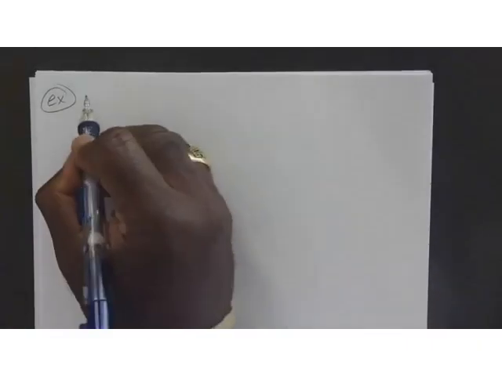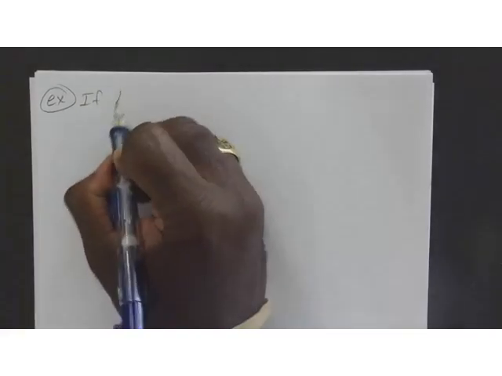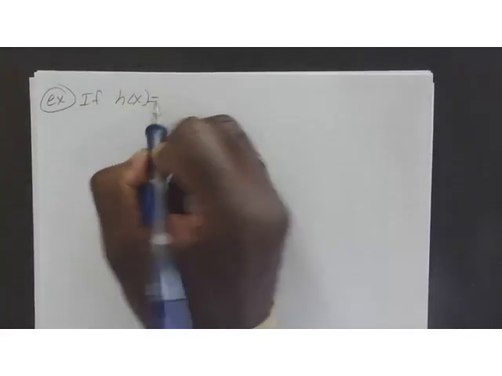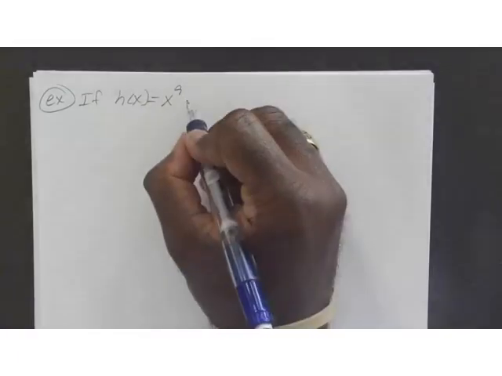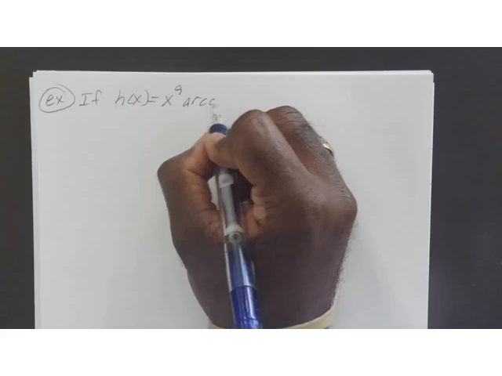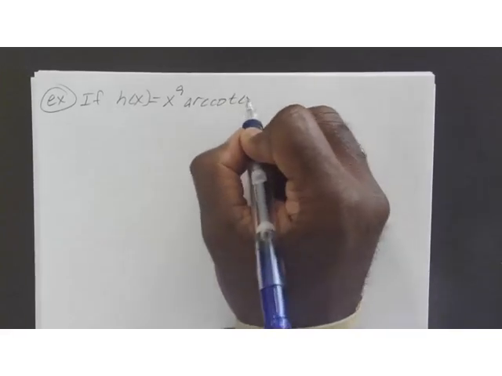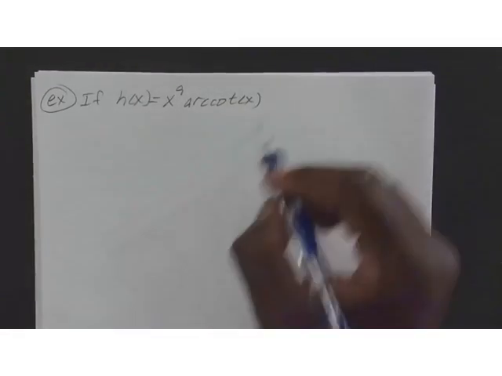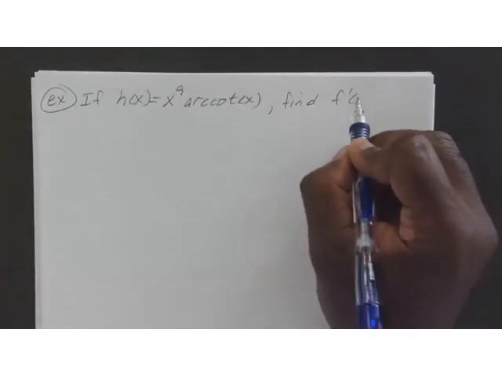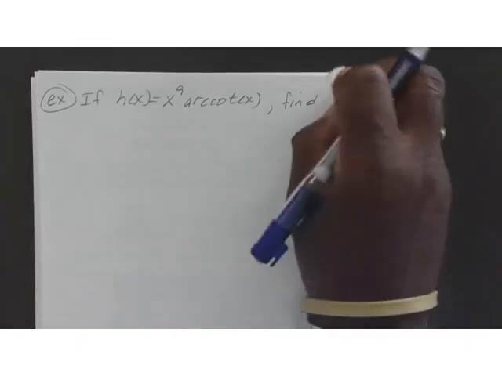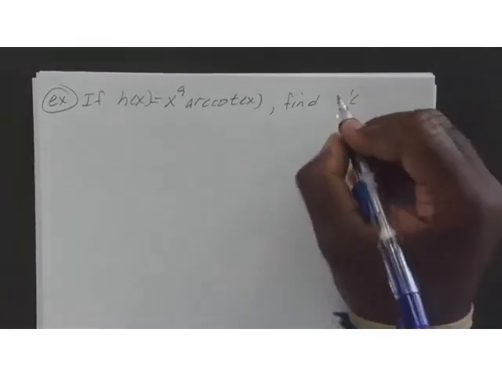So let's say that h of x is equal to x to the 9th power times arc cotangent of x. We want to find h prime of x.